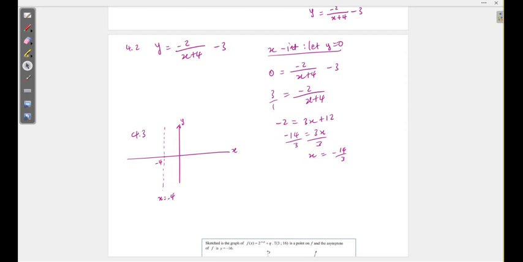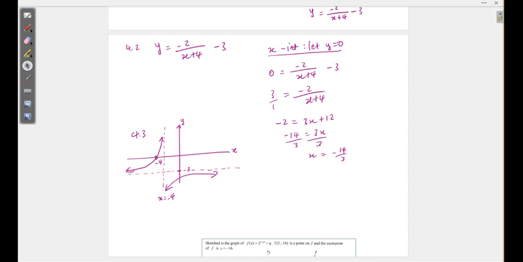And then the horizontal asymptote goes on negative 3, so this will be the horizontal asymptote there. Then lastly will be to sketch the graph. It's going to be in this quadrant and this quadrant.